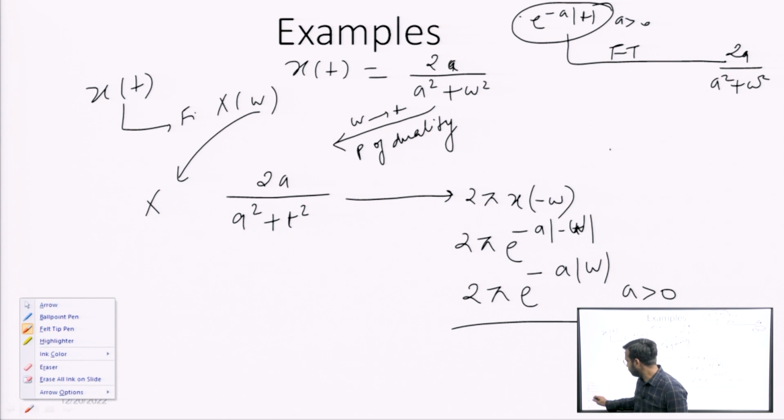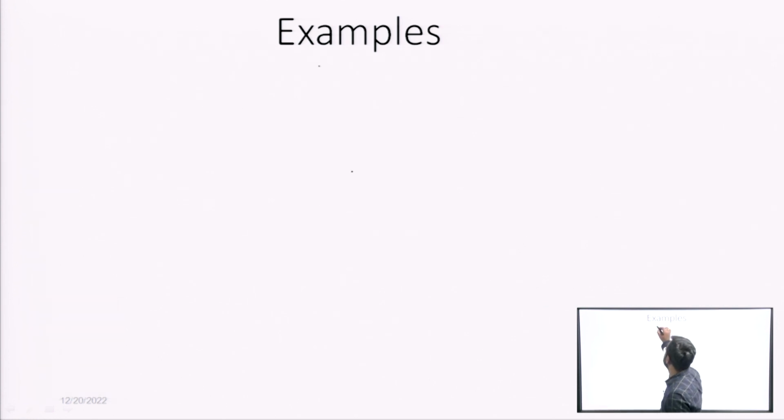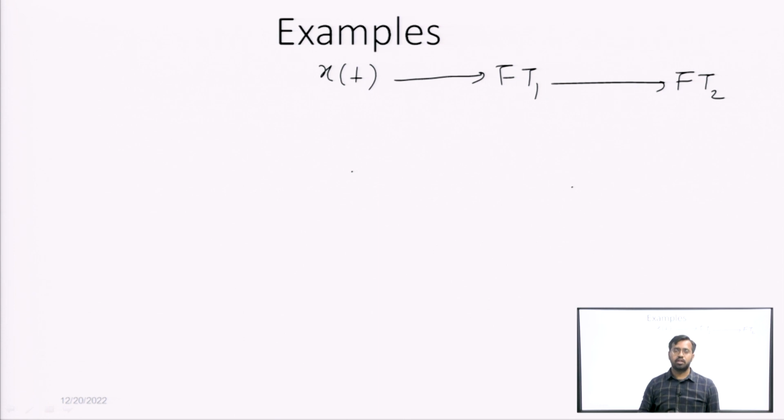Suppose the given function is x t and someone asks you to find its Fourier transform, and then again to find the Fourier transform a second time. So, if someone asks you to find the Fourier transform two times of any given function, how will we do it?